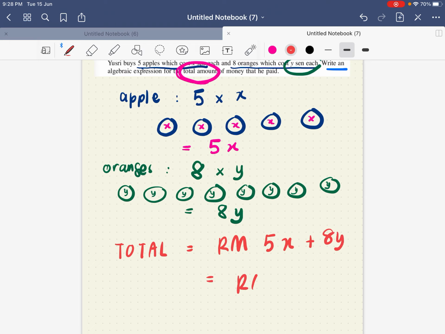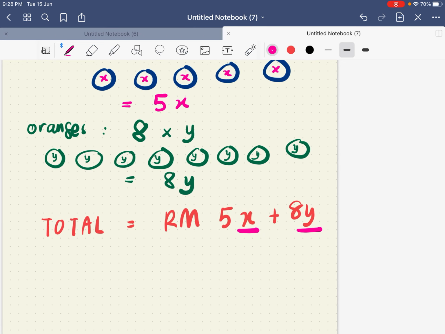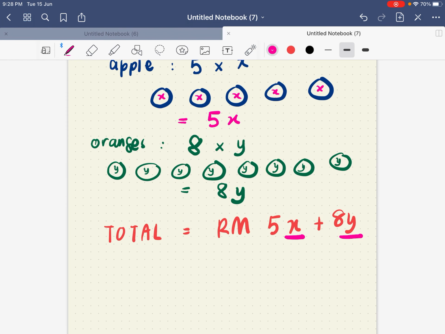Kenapa wrong? Sebab variable yang digunakan adalah different. Seorang X, seorang Y. Tak sama. Tak boleh nak pergi tambah. Okay.